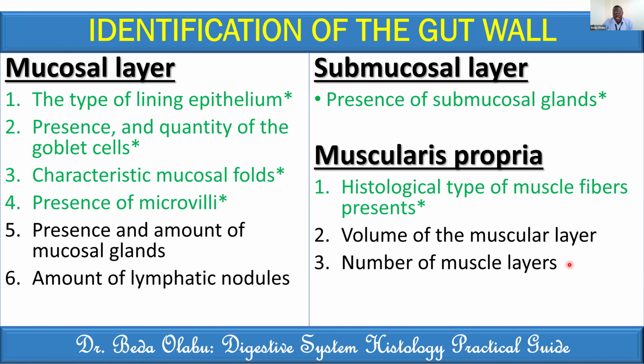Also, the number of muscle layers is important. This becomes a distinctive feature for the stomach. If you are lucky to see the 3 layers of muscles, then you're sure you're on the gastric wall. The challenge is that it's very difficult to pick the 3 layers histologically because you're also not so sure how this section was obtained.